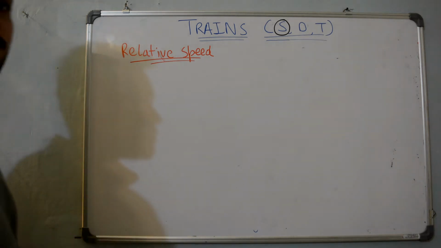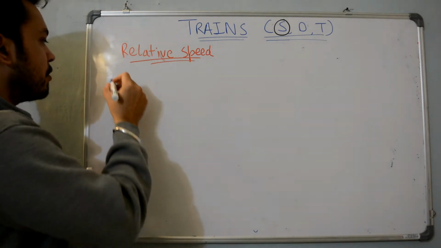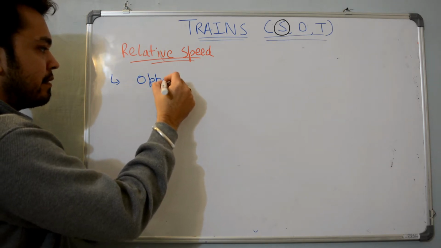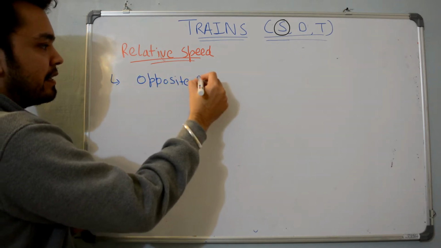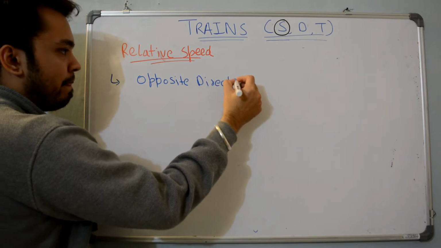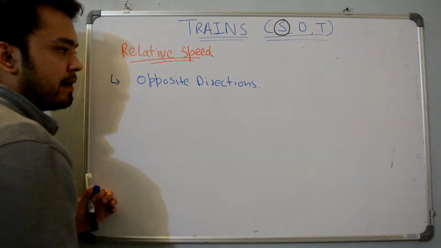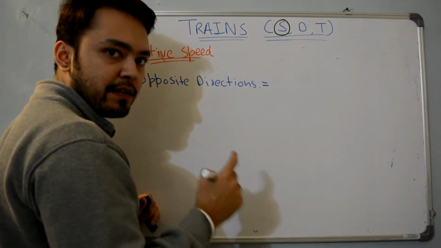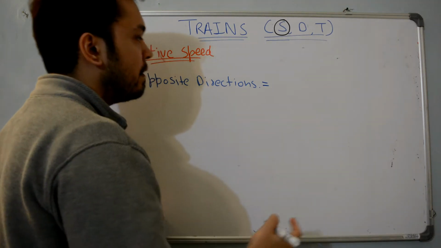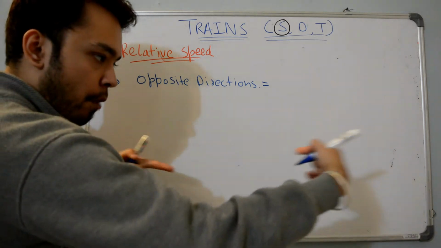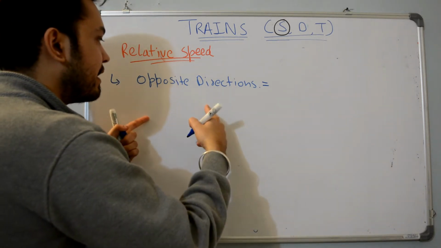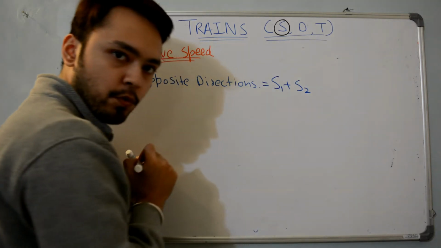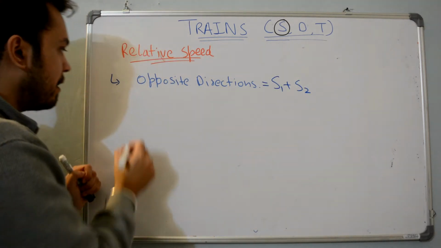See, whenever two trains are moving in opposite directions, right, and the speed of the first train be s1, the speed of the second train be s2, their relative speed will be s1 plus s2 always, right?